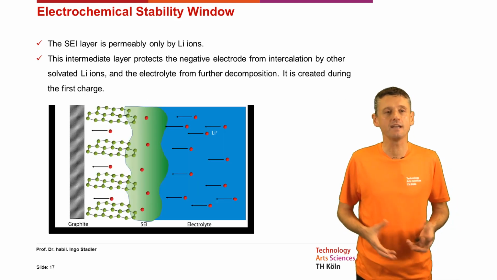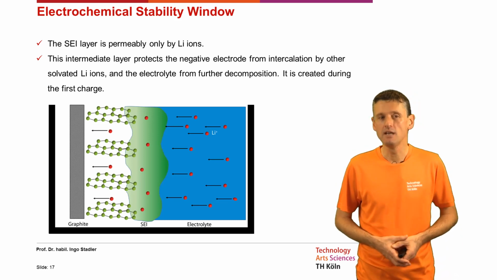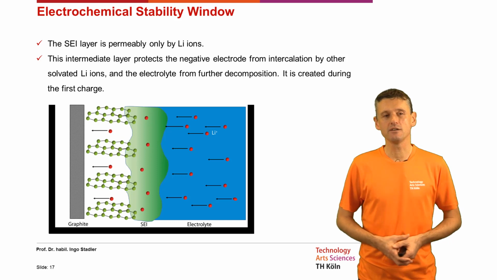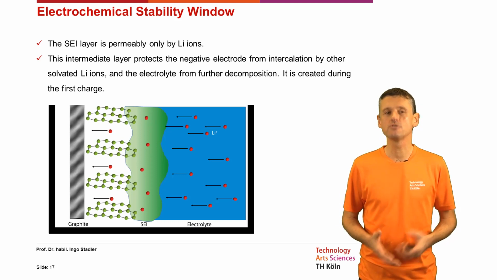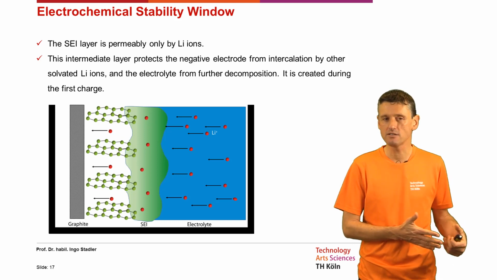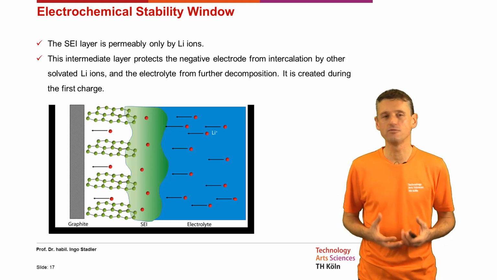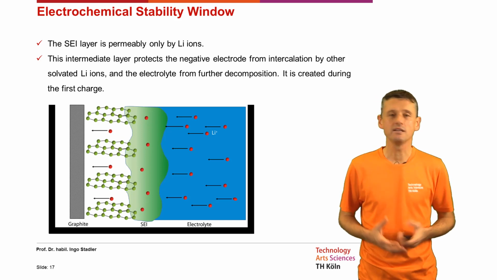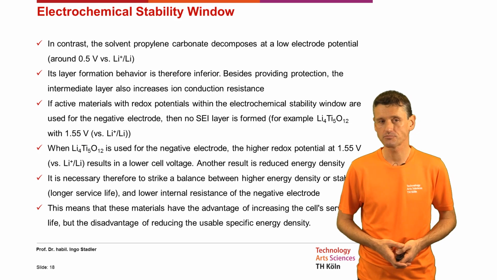The SEI layer is permeable only by lithium ions, and this intermediate layer protects the negative electrode from intercalation by other solvated lithium ions and the electrolyte from further decomposition. It is created during the first charge.